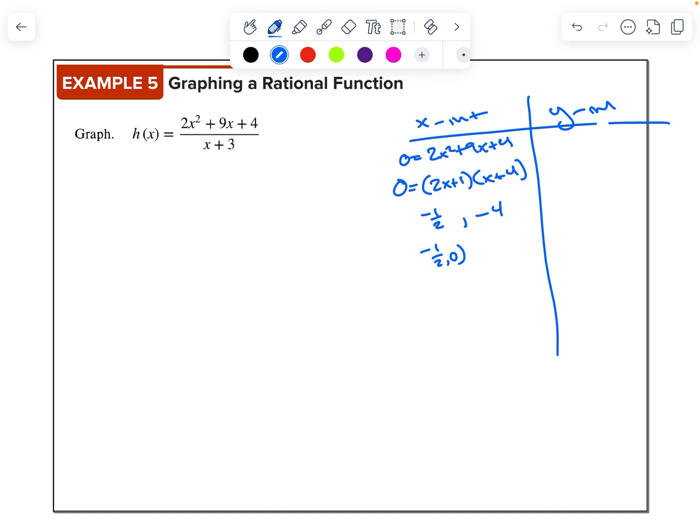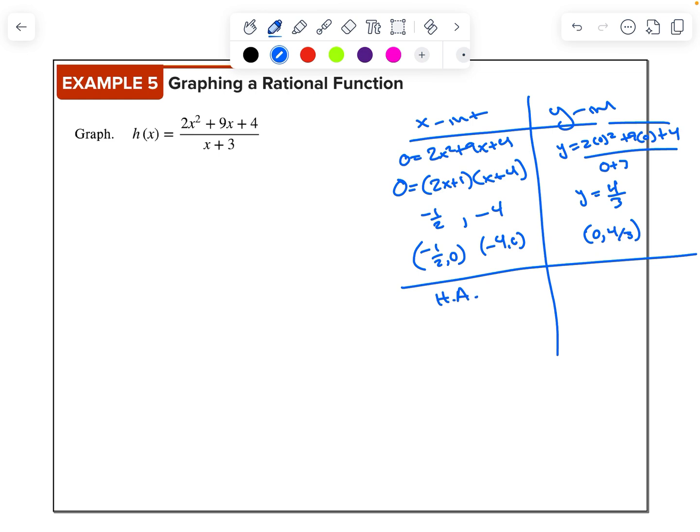That's negative 1/2, 0 and negative 4, 0. The y-intercept, if I plugged in 0 for x, that'd be y equals 2 times 0 squared plus 9 times 0 plus 4 over 0 plus 3. I plug that in the calculator and I get 4 over 3. So that'd be the point 0, 4 over 3.